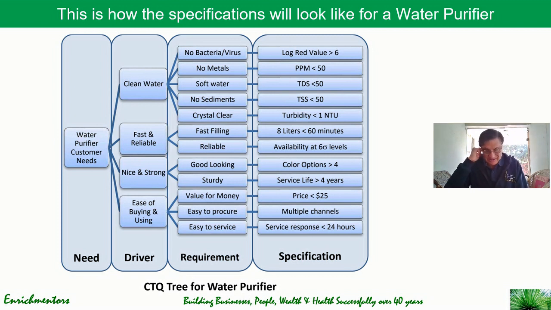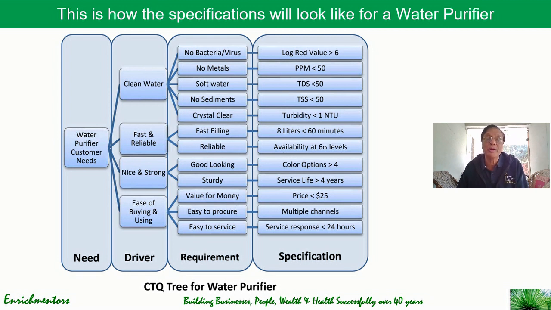And then these four specific areas of requirements will get more specified in terms of clean water being no bacteria, no virus, no metals, water being soft with no sediments, and crystal clear in terms of transparency. Similarly, fast and reliable will also get clarified further in terms of fast filling and reliable.